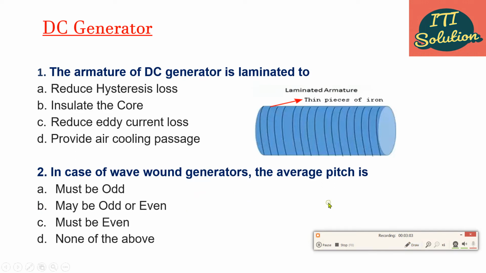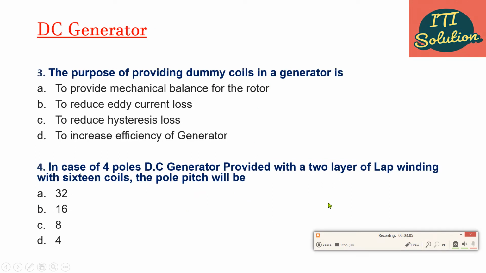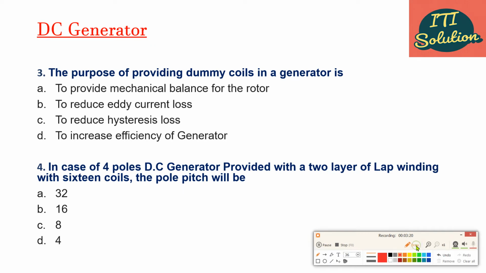Okay, next question. The purpose of providing dummy coils in a generator is, option A, to provide mechanical balance for the rotor, option B, to reduce eddy current loss, option C, to reduce hysteresis loss, and option D, to increase efficiency of generator.